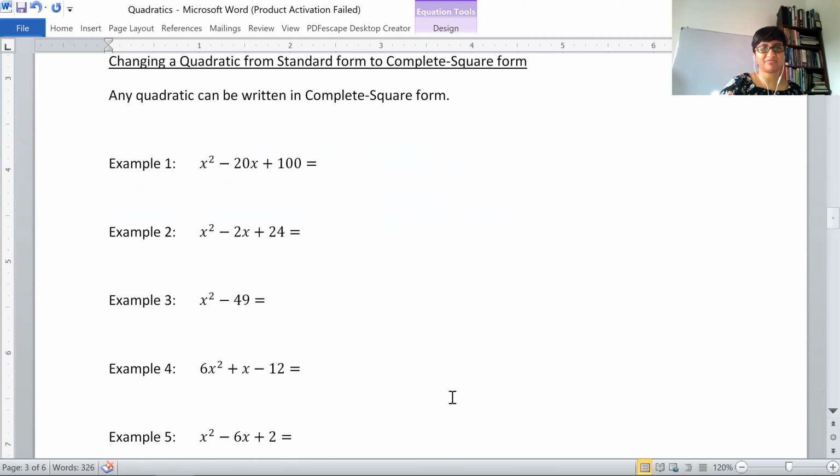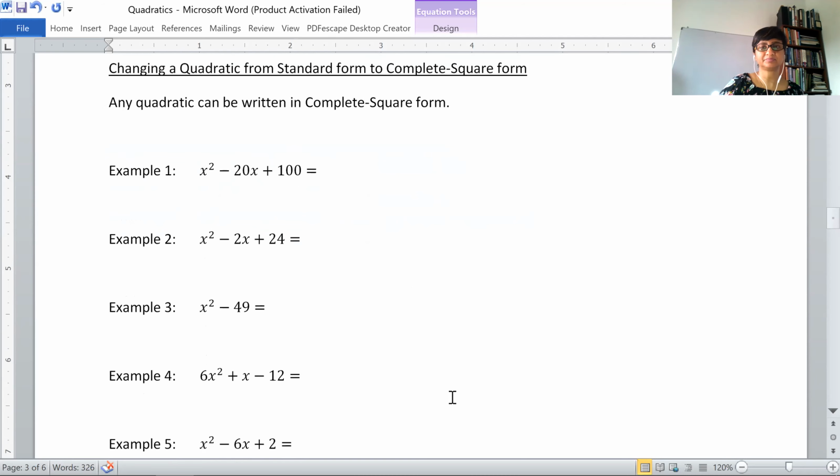Again, I have 5 examples, the same 5 examples that you had for the factorized form.